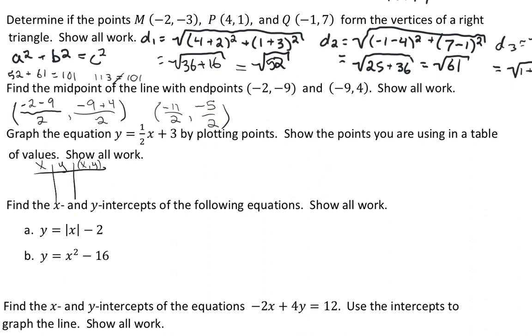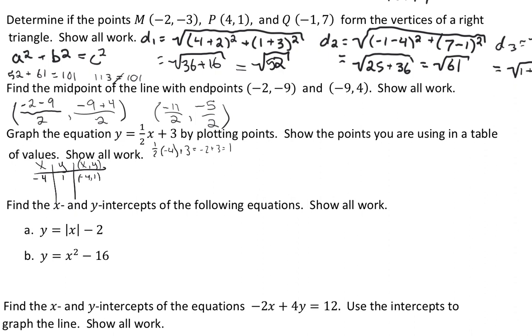We're going to start by plotting -4. So when we plug in -4, 1/2 times -4 plus 3, and that will give us -2 plus 3, which equals 1. So our first point is going to be -4, 1.